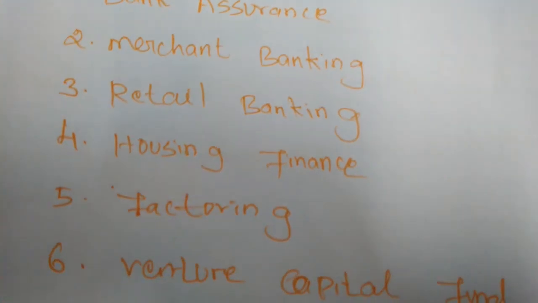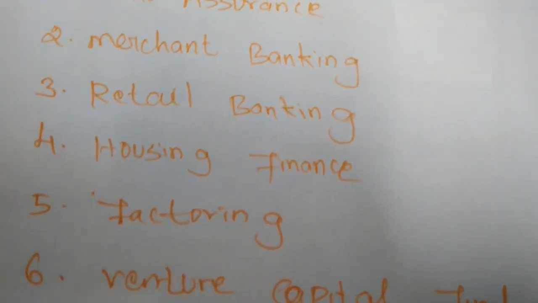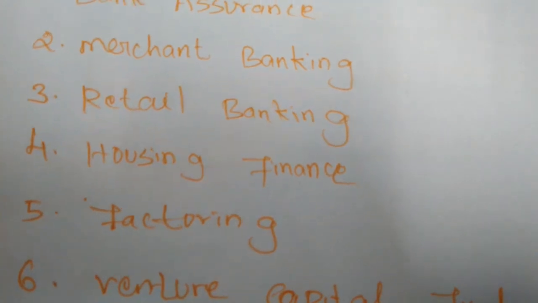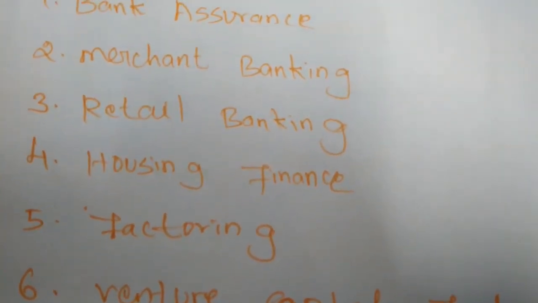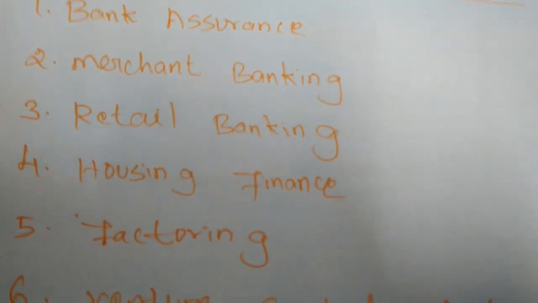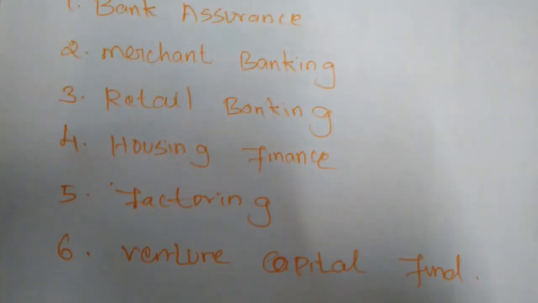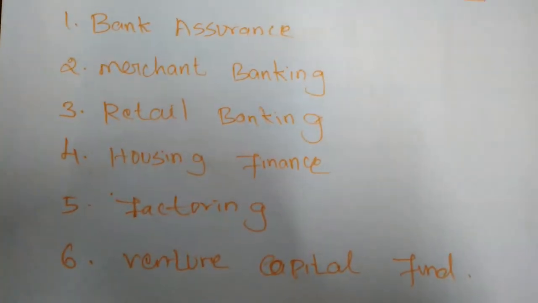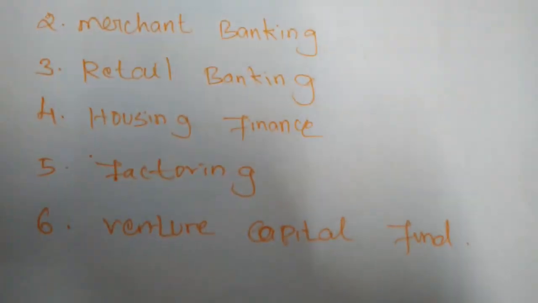Housing finance is provided against the security of immovable property, land and buildings. Many banks such as SBI, Bank of India, etc. have set up housing finance subsidiaries. If anybody wants to build a new house, the commercial banks will provide the financial services.